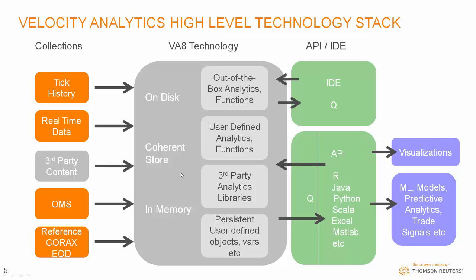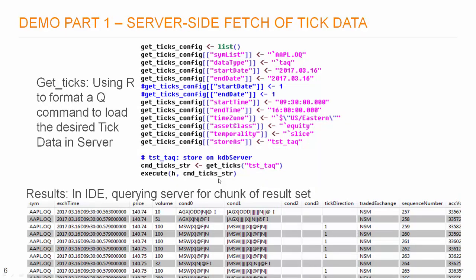And now what we can do is a little bit of a demo as to how we would run the basic tick extraction from R. And for that, I built a simple wrapper which allows you to format a list of input to set up your query.